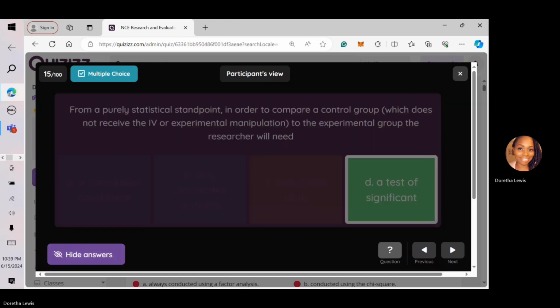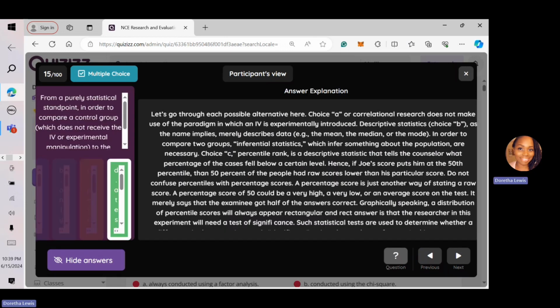You will need to show that there is a numerical way of looking at the relationship. Is it a strong one? And we'll talk about that more, right? Is it a small amount of significance, right?